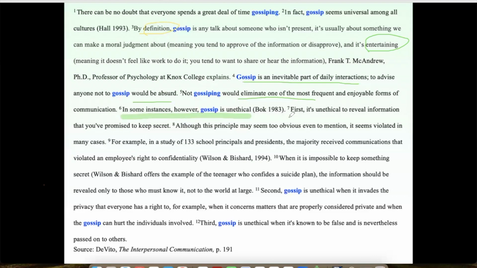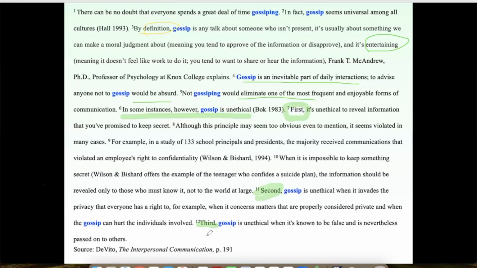Because if you see these transitions, like first, second, and third, these transitions signify that I already brought up an important issue. I'm going to add reasons, explain it, and provide examples or statistics, facts and reasons, in order to support it.